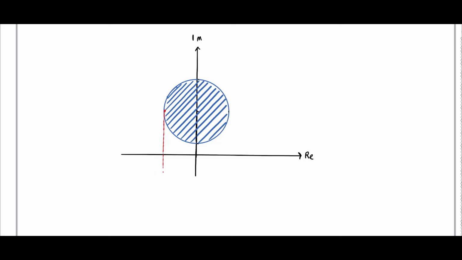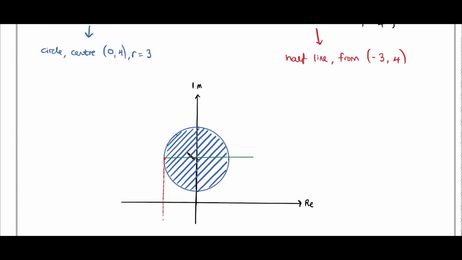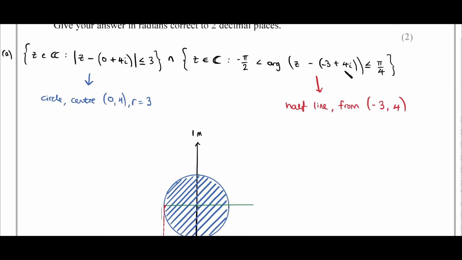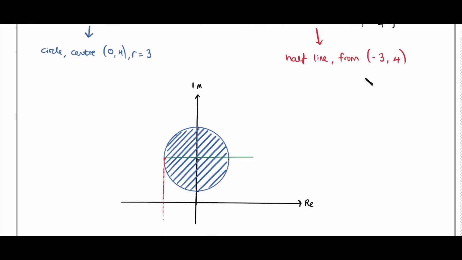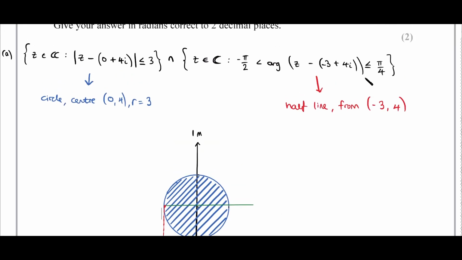If you imagine a line from this green to this red, this is minus pi over 2. Then we want this bit to be less than or equal to pi over 4. Pi over 4 is 45 degrees, so we show that using a solid line. That would be something like that.